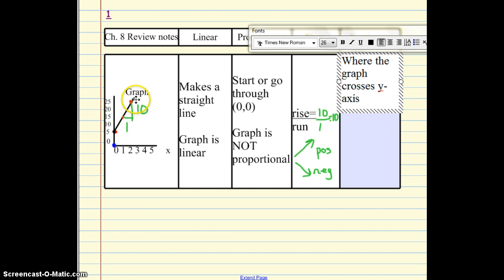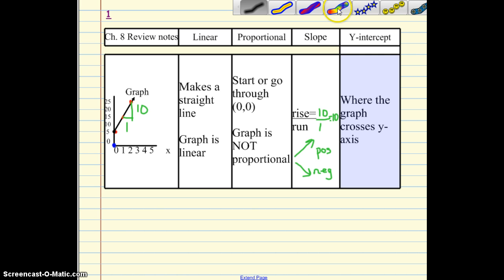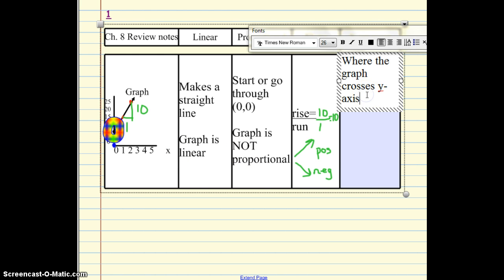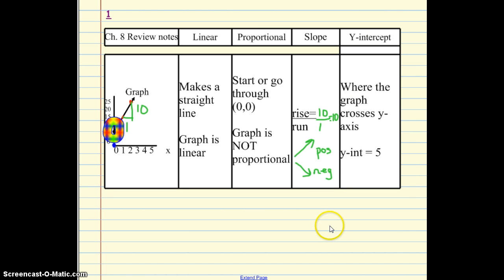It crosses that y-axis right here at 5. So that's our y-intercept. Our y-intercept is at 5. All right, there's our information by looking at a graph.